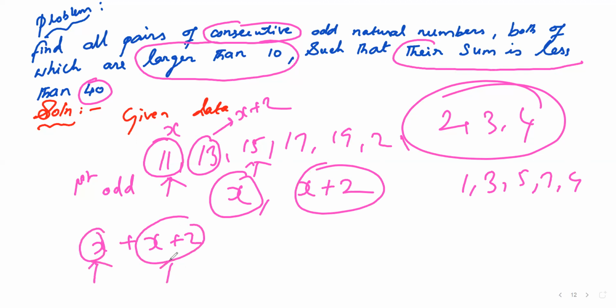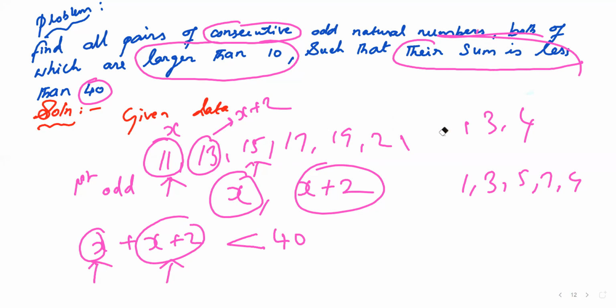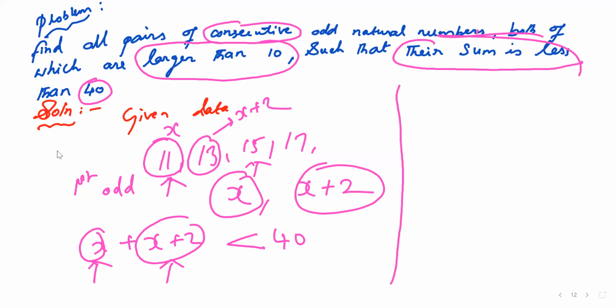First odd natural number, second odd natural number. Their sum is less than 40. So x plus x plus 2 is less than 40, which is 2x plus 2 less than 40.